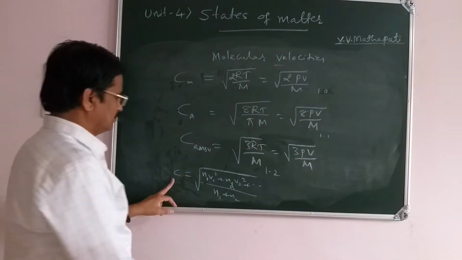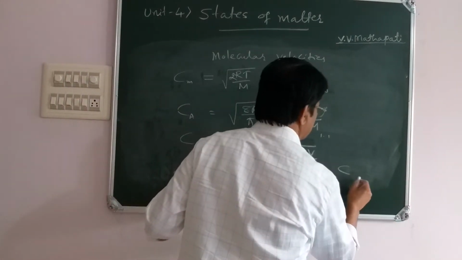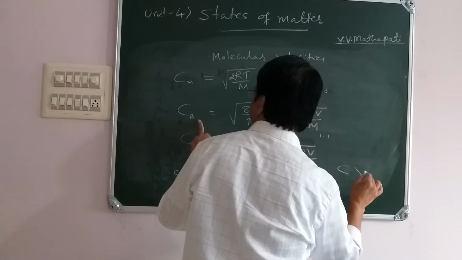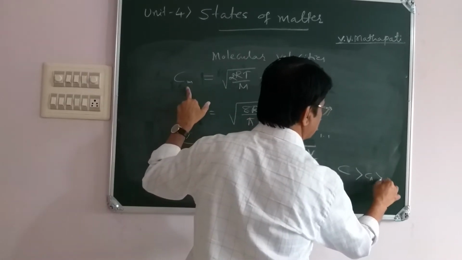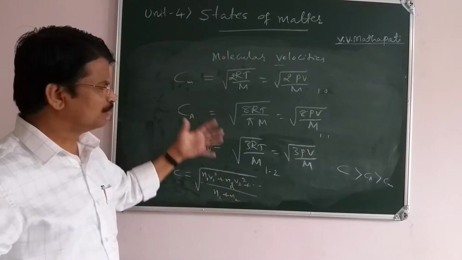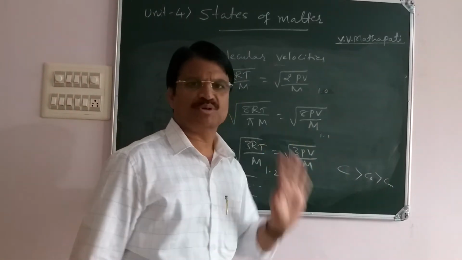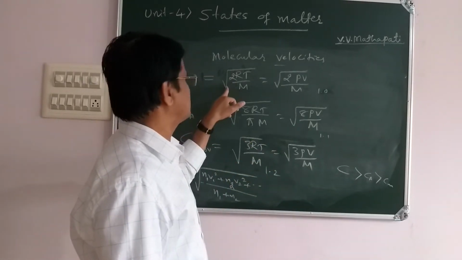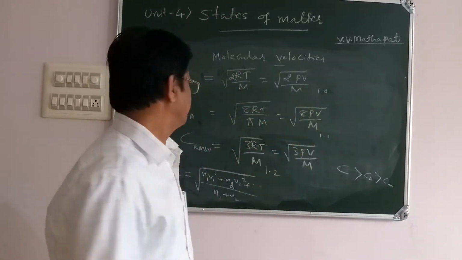So we can write C greater than C average greater than C most probable. It means most of the molecules have RMS velocity, second average velocity, and last most probable velocity.